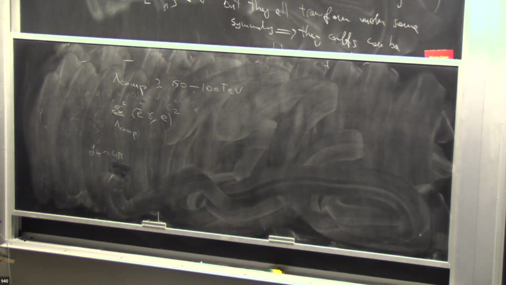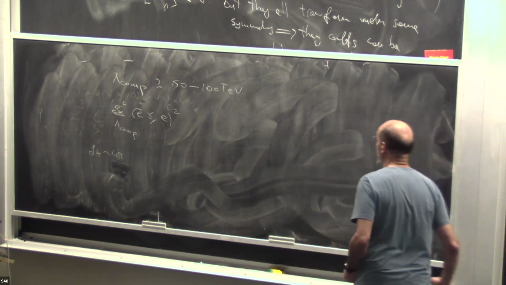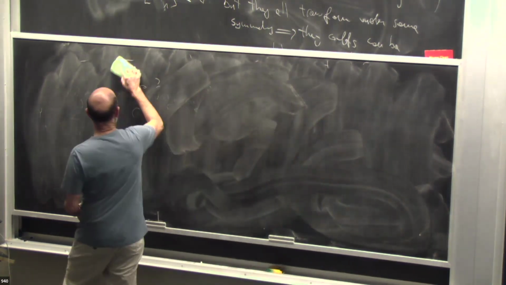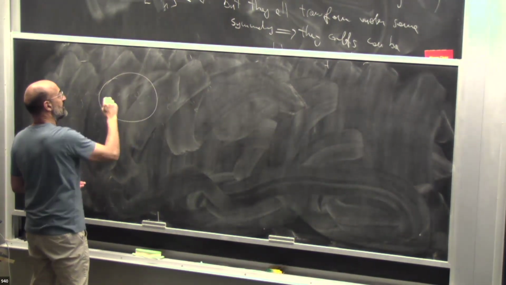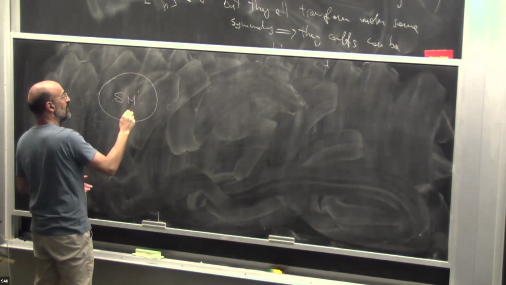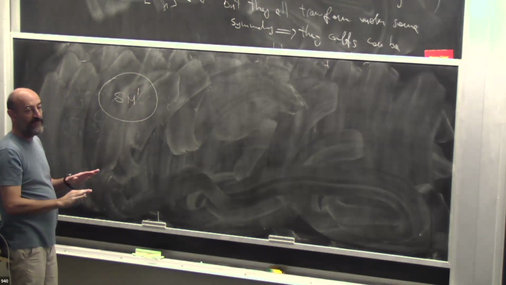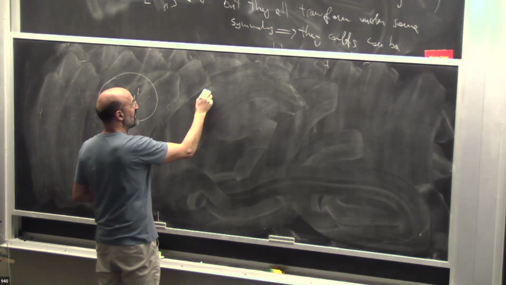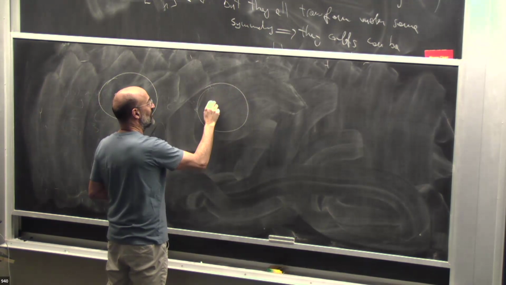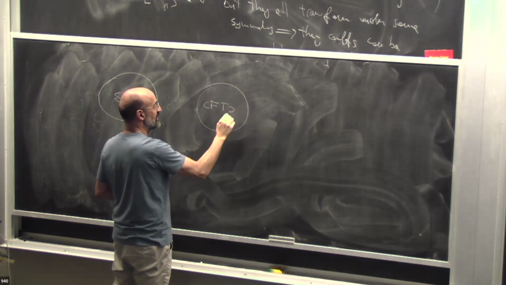The basic idea is that this class of models is a scenario where you have the standard model prime, which is the standard model minus the Higgs. Take all the fields of the standard model, treat them as elementary, and then there is another sector, which I call the CFT, which contains the Higgs.